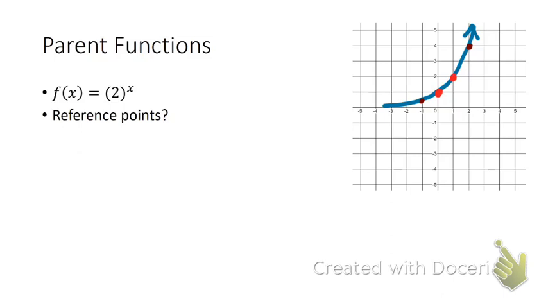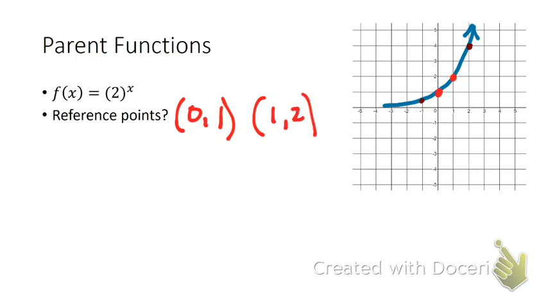So when we're drawing these functions, we're going to refer to some reference points like we have with other functions, and I have those colored red. The reference points for this function, let's use red, are 0, 1, and the other reference point is 1, 2.